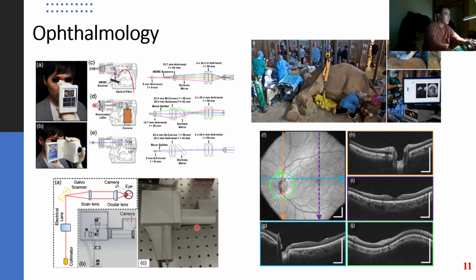Below is usually the gimbal scanner of the handheld OCT. Using it in ophthalmology, we can clearly see the fundus, retina and macula in the image, even the thickness in animals.